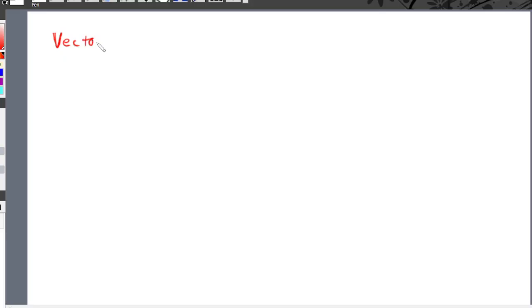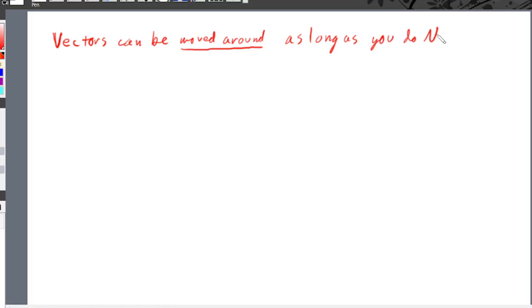Vectors can be moved around the page as long as you do not change their amount or direction.